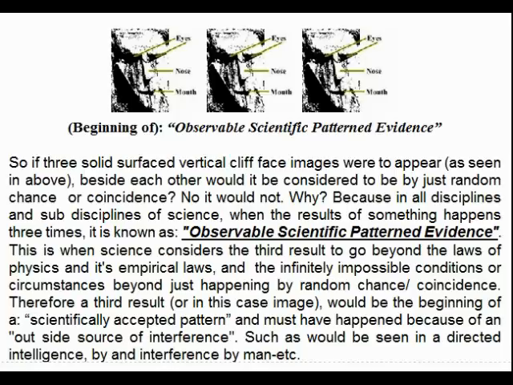And it is infinitely impossible for conditions or circumstances beyond just what is happening to be by random chance or coincidence. Therefore, a third result, in this case of this image, could be the beginning of what is scientifically acceptable by science as a pattern, and must have happened because of an outside source or interference, such as would be the case seen in something directed by intelligence, or otherwise the interference by man himself.